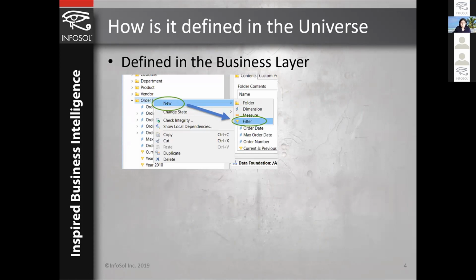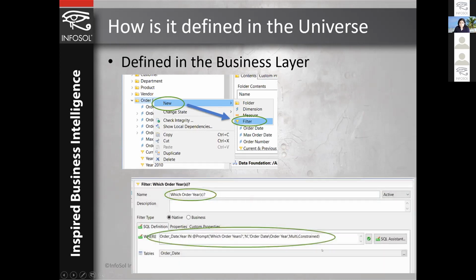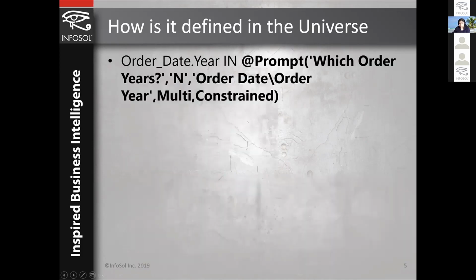In this case, if I'm creating a prompted filter related to order date, that's where I'm adding it. The prompt I just showed in the previous screen is defined as order date dot year. That's the object, that's the column, and then the prompt. I'm going to show that in more detail and go over the options.